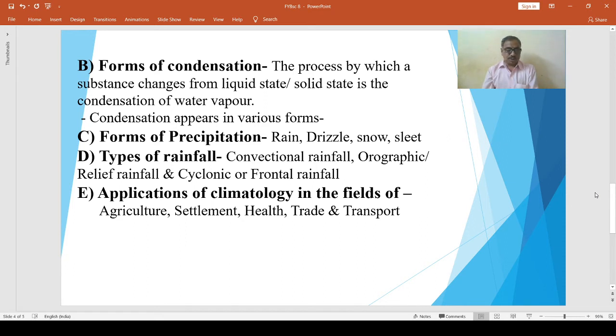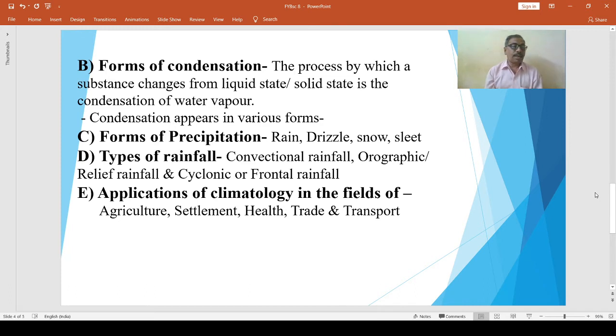Then precipitation. Precipitation is a process in which water in liquid or solid form fall to the earth. Precipitation is after the condensation of water vapor, the release of moisture in liquid or solid form is known as precipitation.